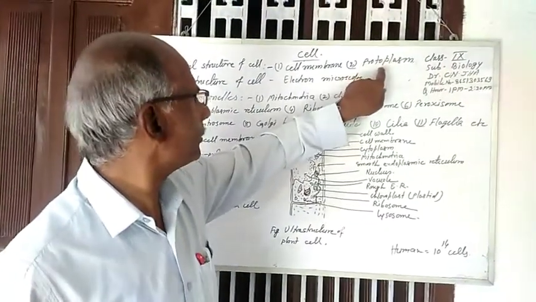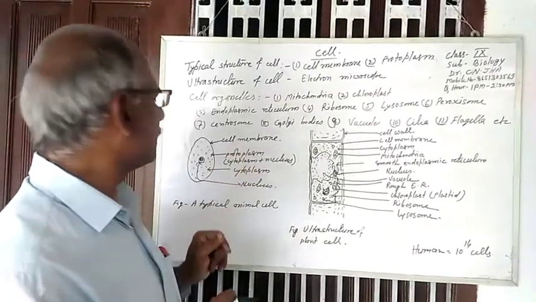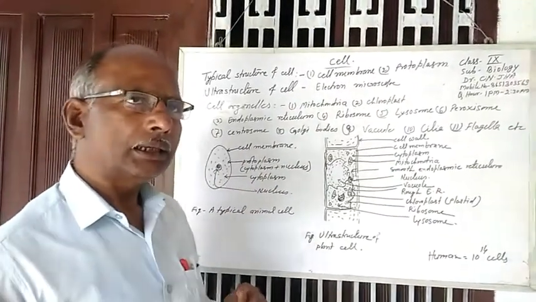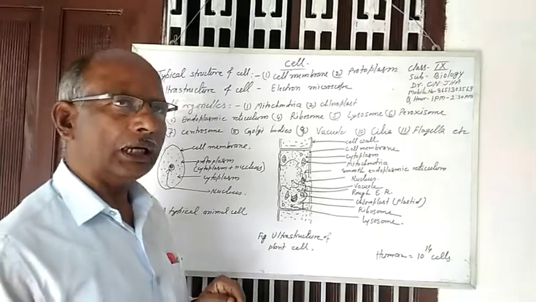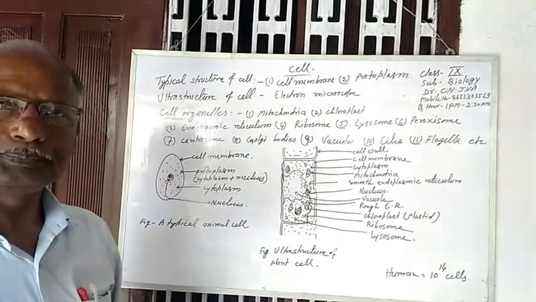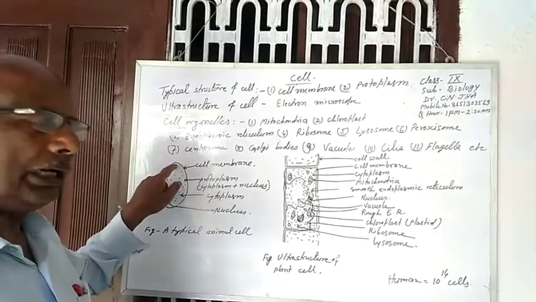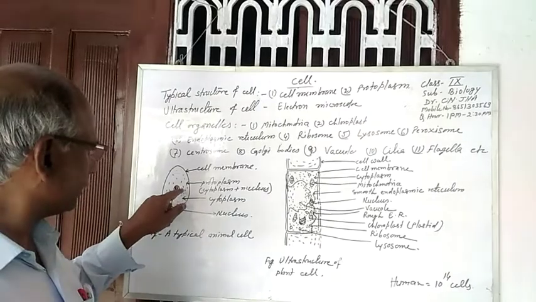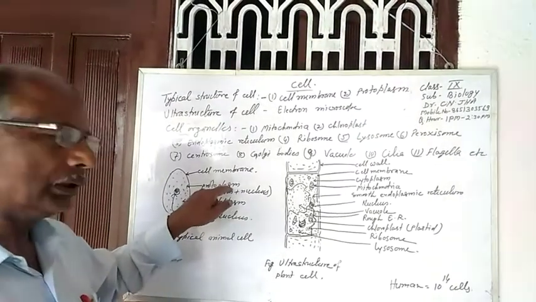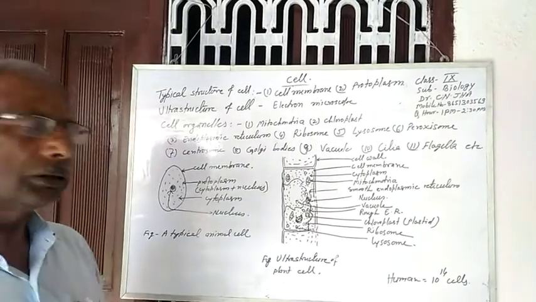And the protoplasm is the inclusions of the cell under the cell membrane. And the cell membrane is the outer covering of the cell. This protoplasm is divided into two parts.